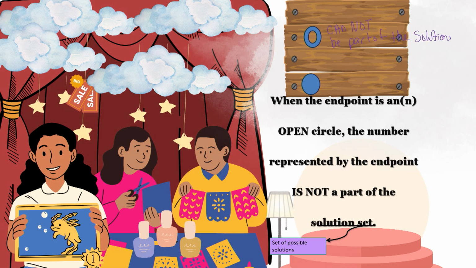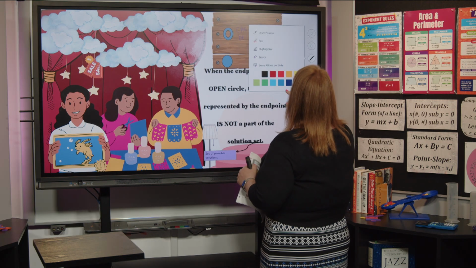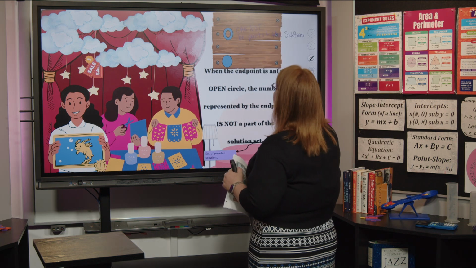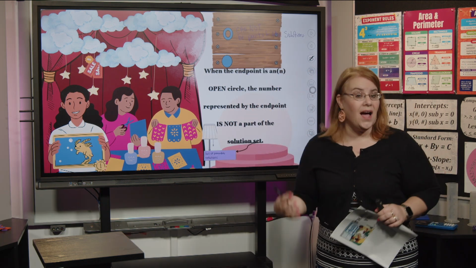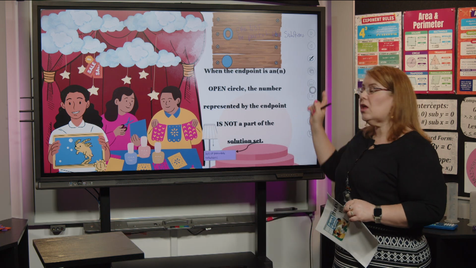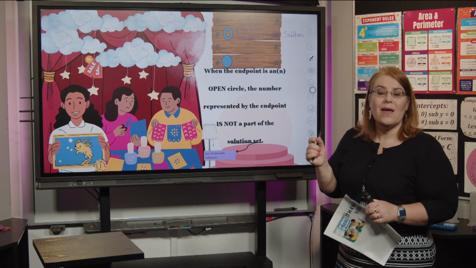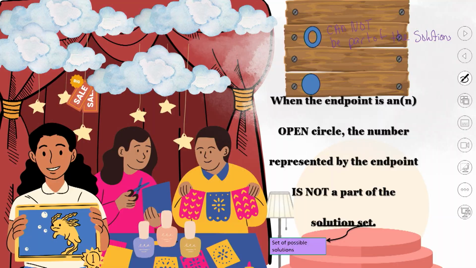So then, what could we possibly make an inference about a closed circle? If an open circle cannot be a part, then my closed circle can be a part. So let's go ahead and write that. A closed circle can be a part of the solutions.